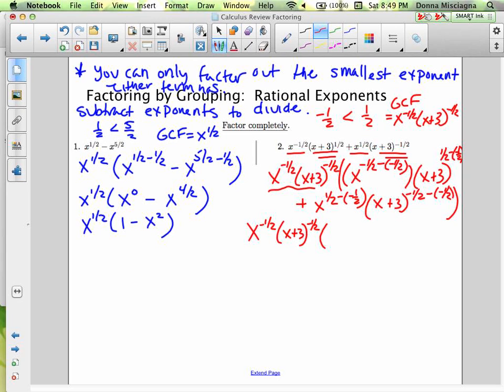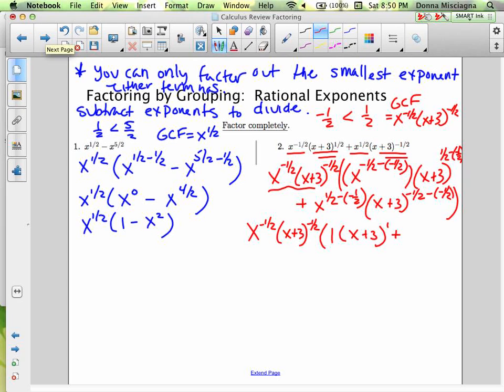So this is just 1, which makes sense, right? X to the negative half divided by x to the negative half would be 1, times negative 1 half minus a negative 1 half is 1 half plus 1 half. 1 half plus 1 half is 1. So that's x plus 3 to the first power. Looking much nicer.